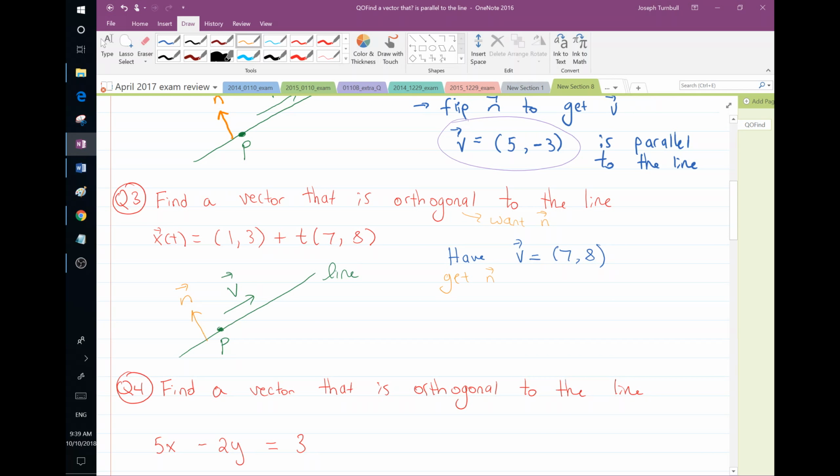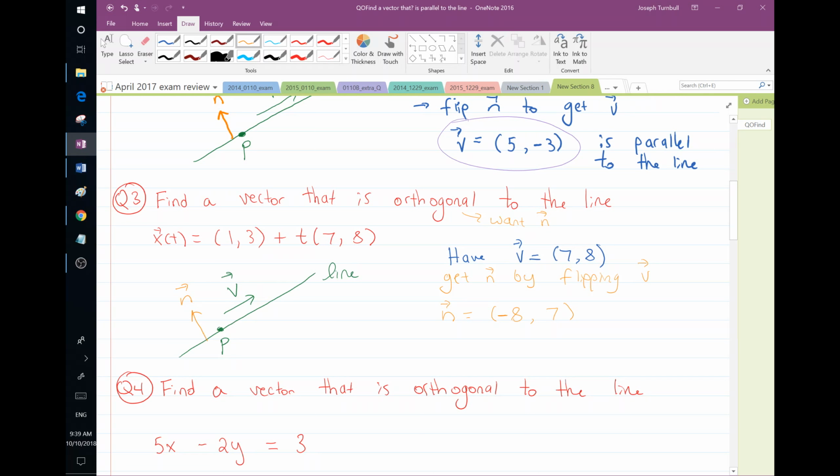Get N by flipping V. So our normal vector N that is orthogonal to the line is going to be given by flip them, so there's an 8, 7, and I'm going to put a negative in front of the 8 this time.